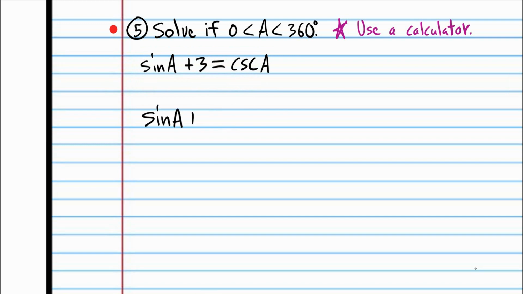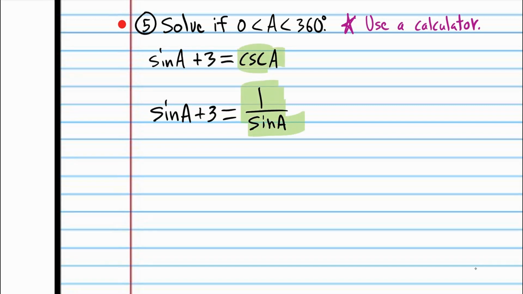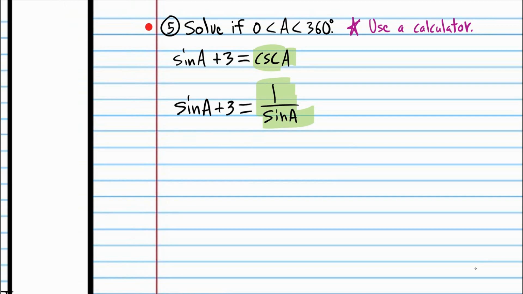So I'm going to convert the cosecant A function to 1 over sine A. And of course you recognize that as a reciprocal identity. And then I'm going to multiply both sides of the equation by sine A. And the reason I'm doing that is I want to get rid of that fraction.